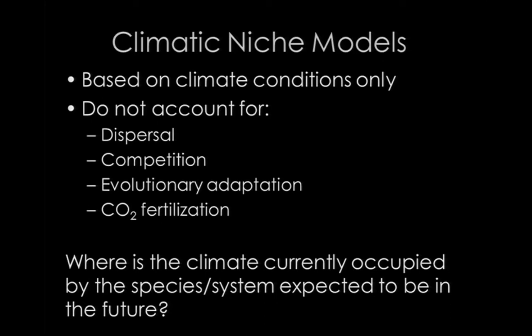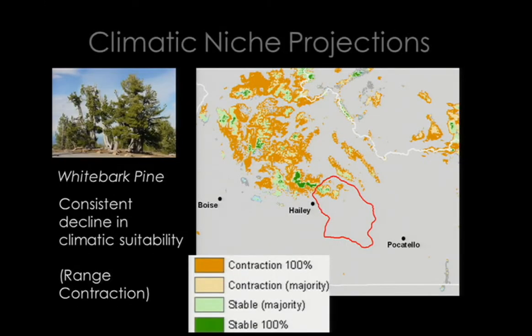So they do not account for dispersal, competition, evolutionary adaptation, or carbon dioxide fertilization. There's a whole host of other considerations that are not part of this. So it's really just looking at climate suitability and asking where is the climate currently occupied by the species or system expected to be in the future. And then I'll show you the results for each of our case study species.